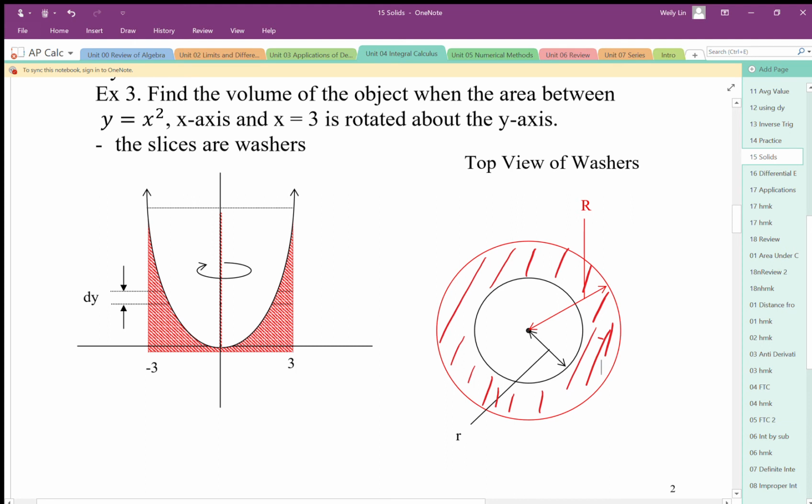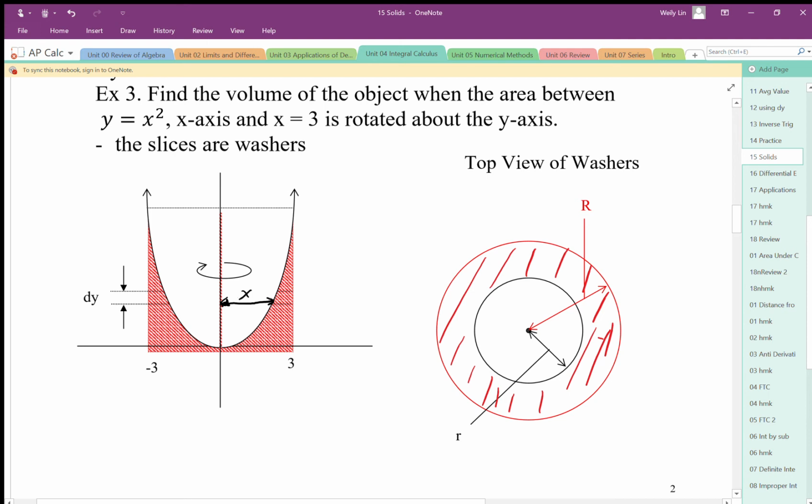So to set this up, I need to have an outside radius. In this case, the outside radius for the red circle is fixed. And I need to have an inside radius. The inside radius is going to be this length in here. Now that is not a y value, that is an x value, or an x position in this case.